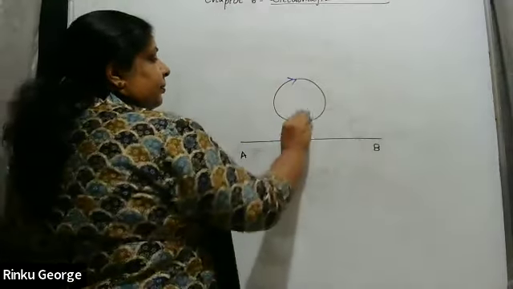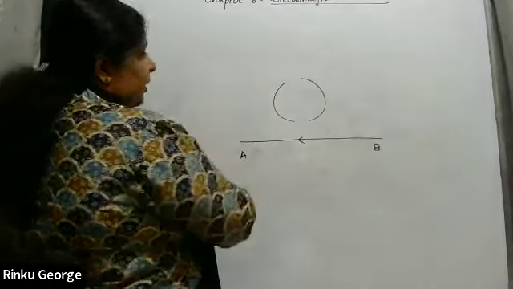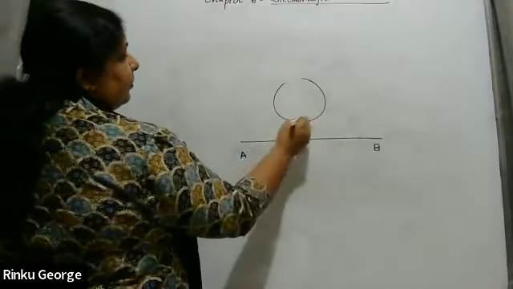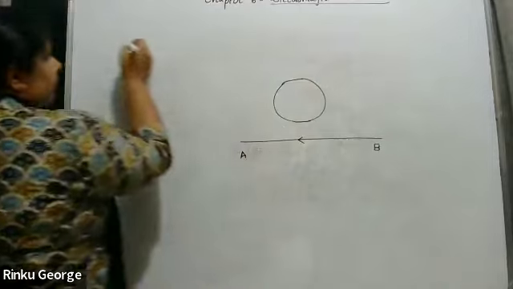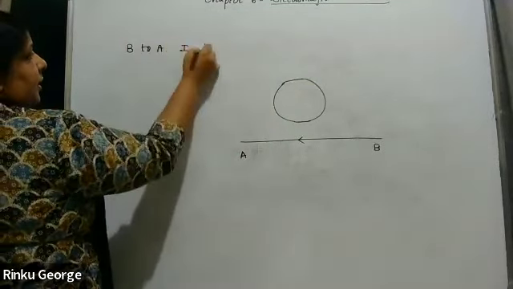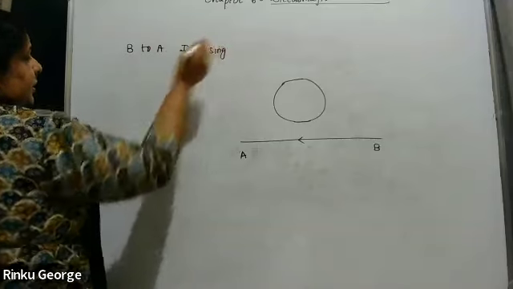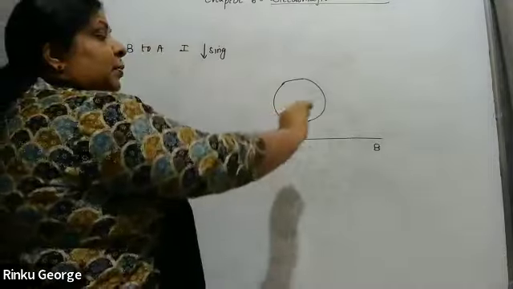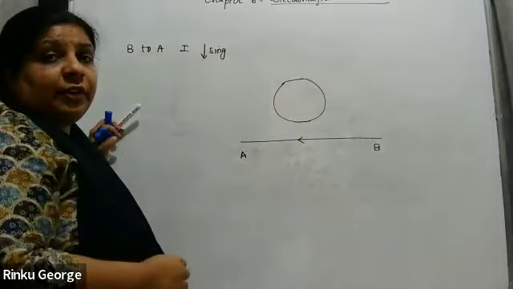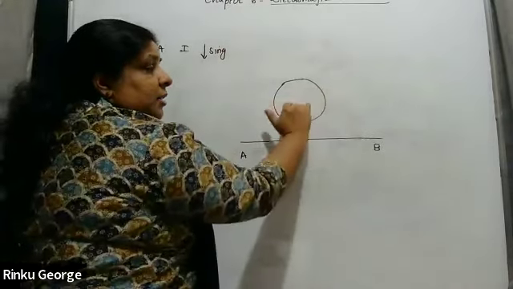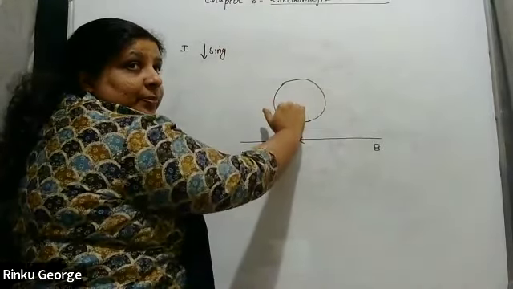Now, here current from B to A is decreasing. Then in this loop, what will be the direction of magnetic field due to this current? In this loop, the direction of magnetic field will be into the page.